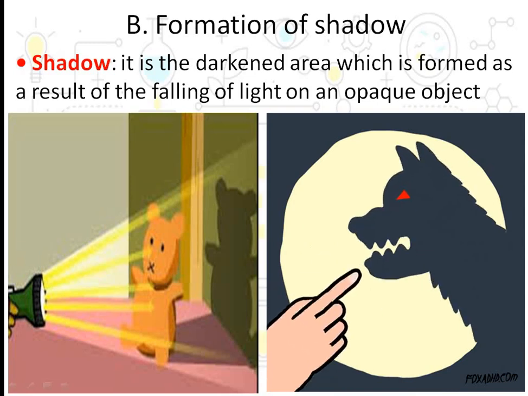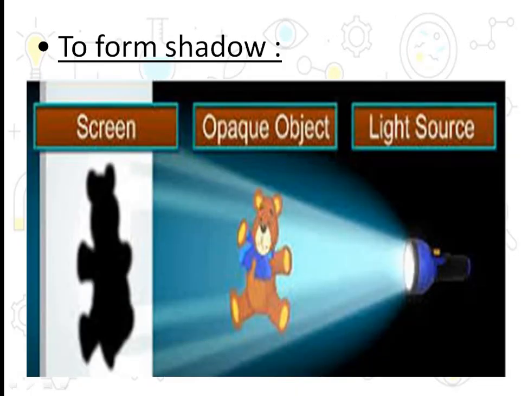How is a shadow formed? For a shadow to be formed, we need a source of light such as a torch, a surface or screen to receive the shadow, and an opaque object. Opaque means that you can't see things through it, such as wood.